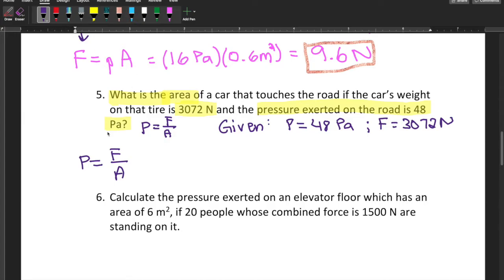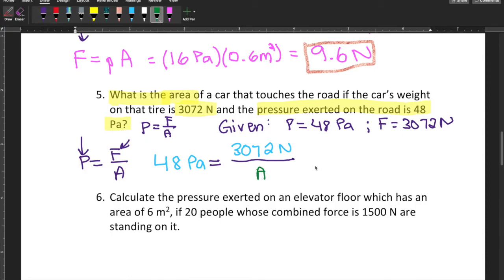So I'll plug in 48 pascals here, and we'll do the equal to. Then we'll look at the force, and the force we're given is 3,072 newtons. And we'll do the division, and we'll solve for our unknown, which is our area.